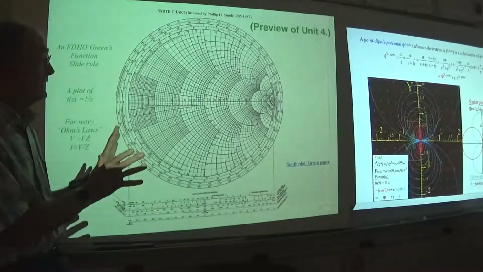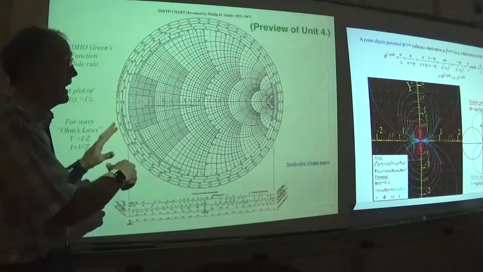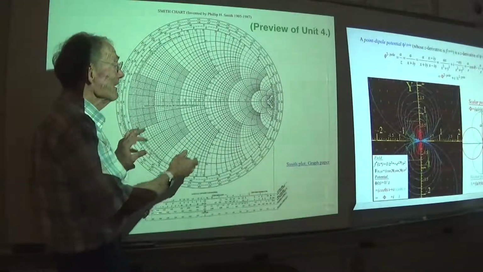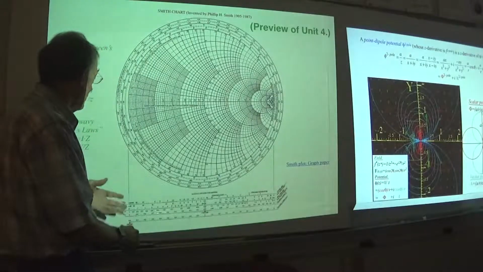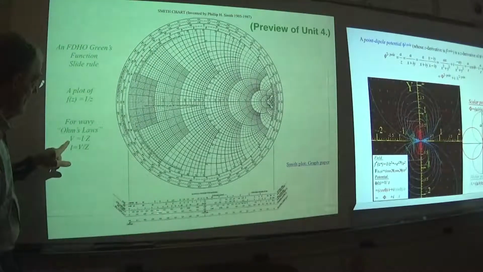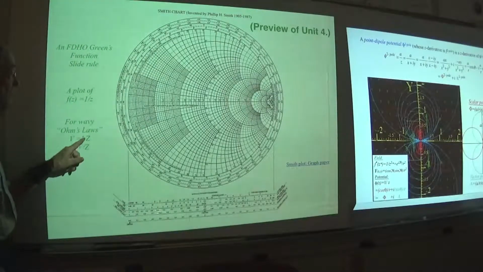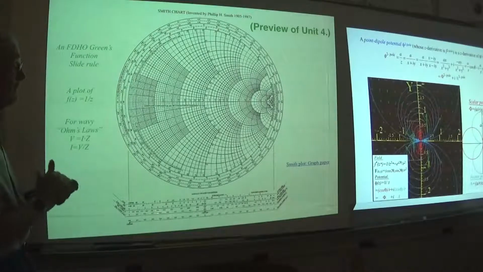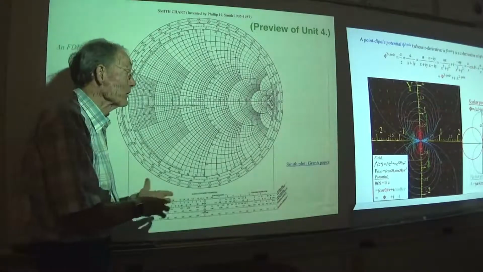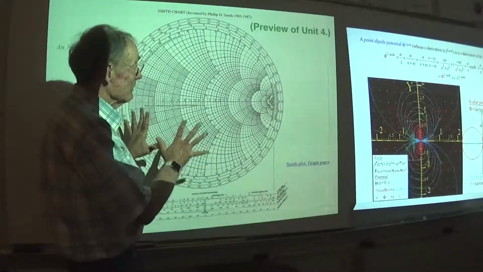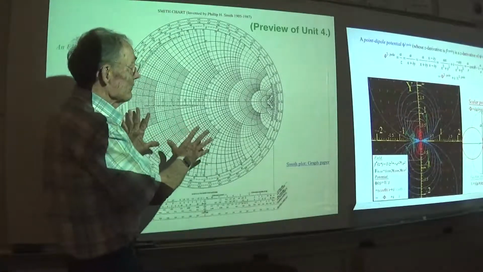Engineers know this thing. And it used to be they had this graph paper in their drawers, and they would figure out basically wave-like Ohm's laws, impedance matching, and all that kind of stuff that happens. And we're going to talk about that in some detail when we get to Unit 4.